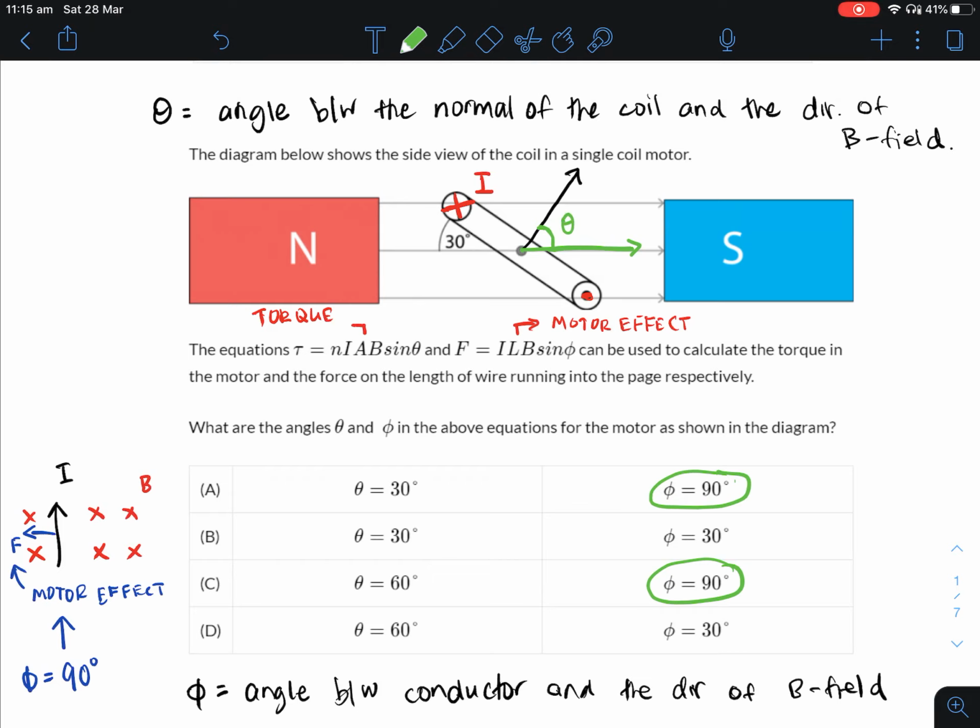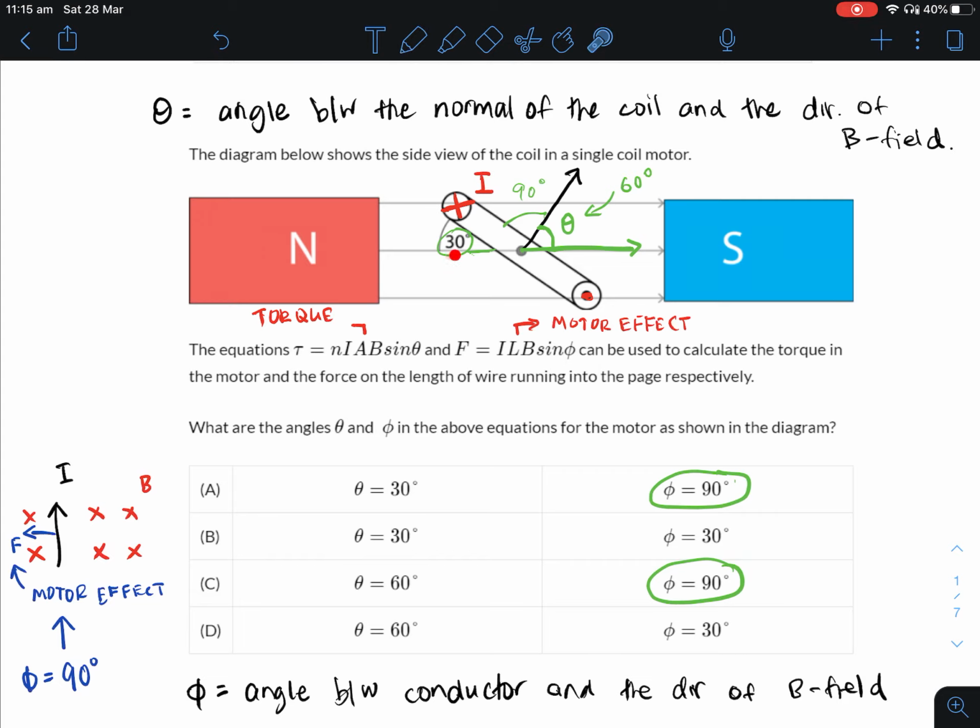Well, if we look at this diagram, we know that the coil makes an angle of 30 degrees with the direction of the magnetic field here. And so we know that this angle over here must be 90 because remember this is a normal. And so that leaves us clearly that theta here must be 60 degrees because this is a straight line.